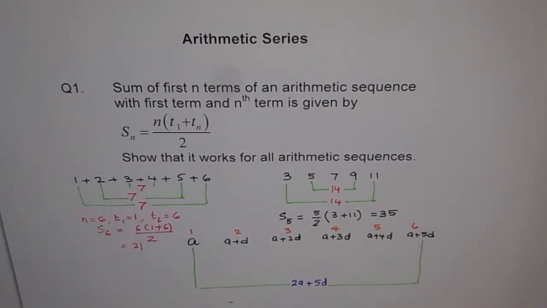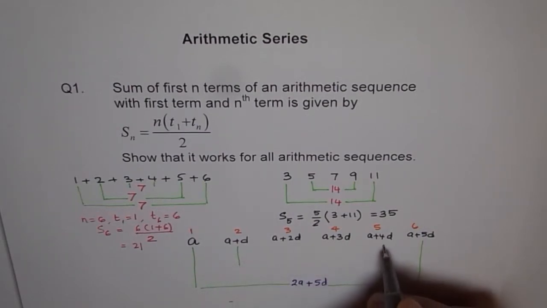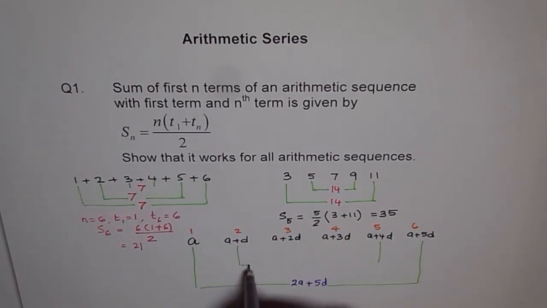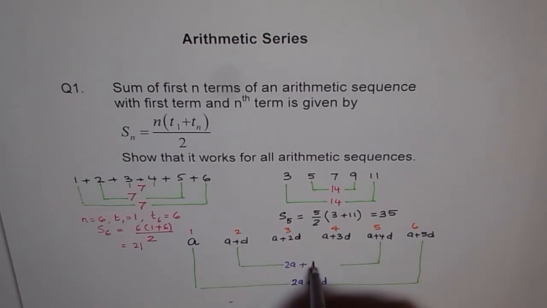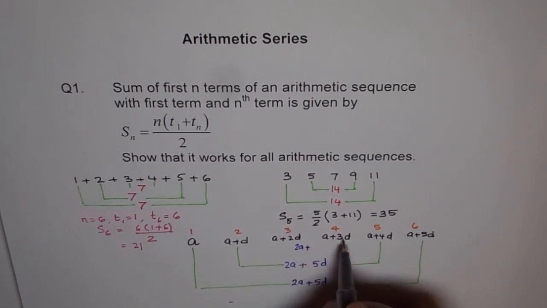Now let's add these two. What do we get? A plus A, 2A, plus D plus 4D is 5D. Do you see? Same thing we got, right? And if we add these two, A plus A, 2A, plus 3D plus 2D, 5D.